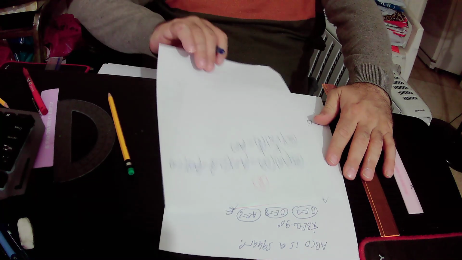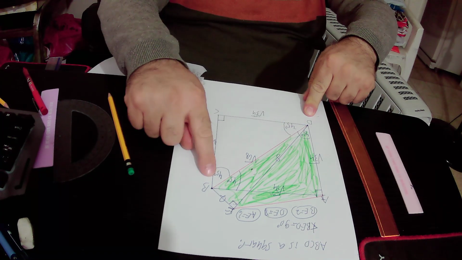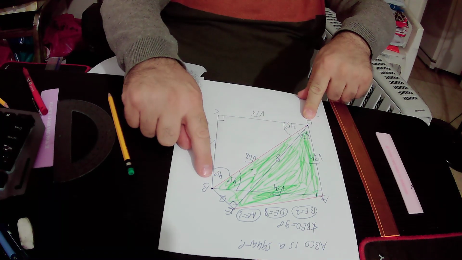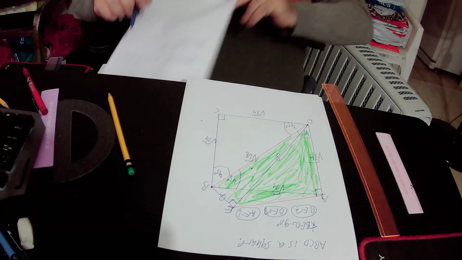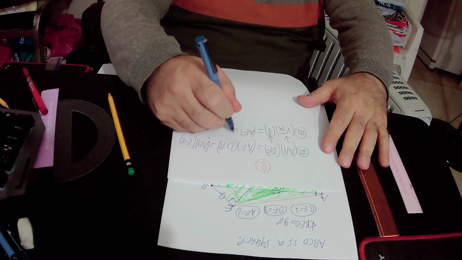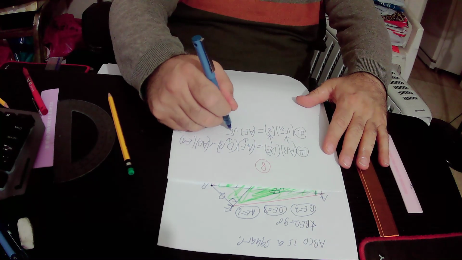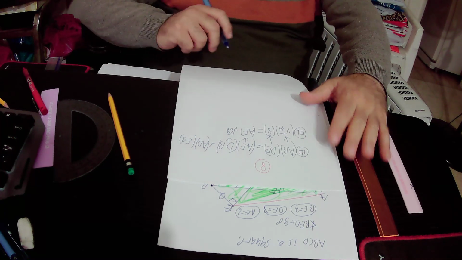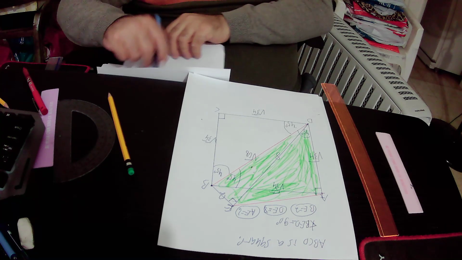Times DB. What is the size of DB? We have already found out that the size of DB, the line in red, equals the square root of 68 units. And what is the size of AD?